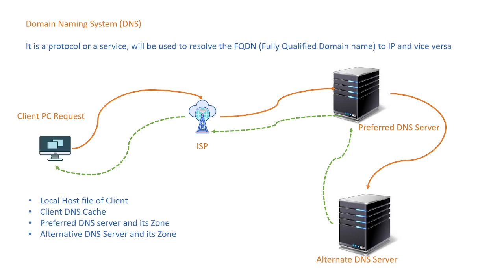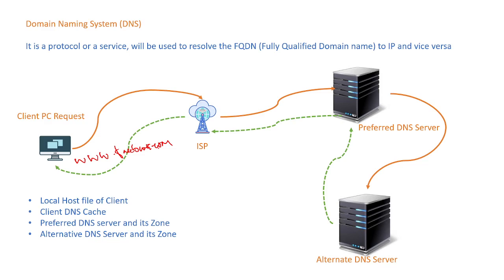If you see here, today you have logged into your computer, which is your PC, and you type facebook.com. What happens is, in the network interface card you have defined the DNS address, the preferred DNS and the alternate DNS.